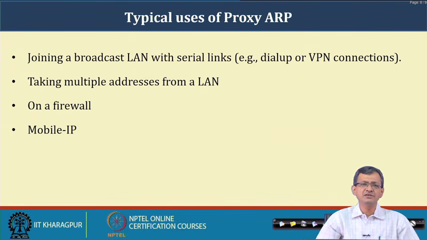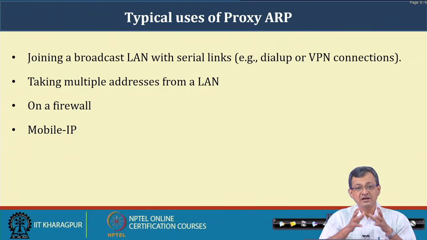So, there are typical uses like joining a broadcast LAN with a serial network, dial-up, VPN, etc., where it will be very helpful. Otherwise, this interoperability has to be handled, that is, how these IP addresses will be addressed and so on and so forth. Taking more than one address from a LAN and handling them.